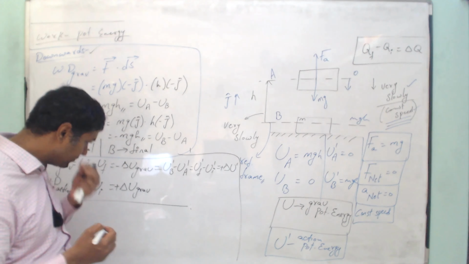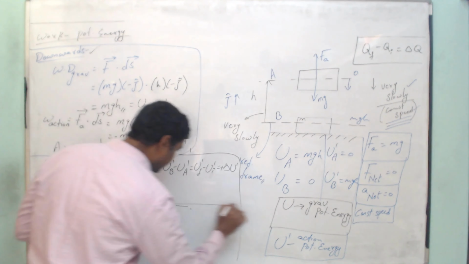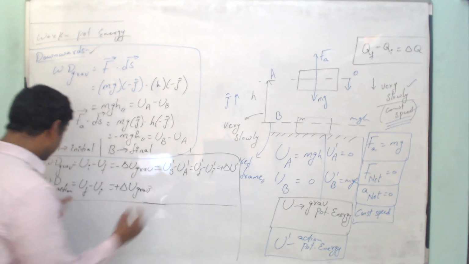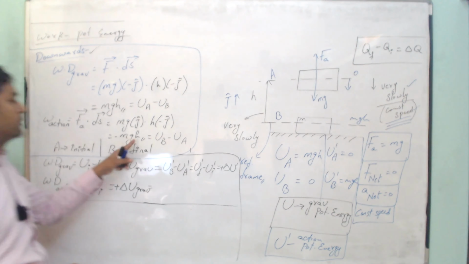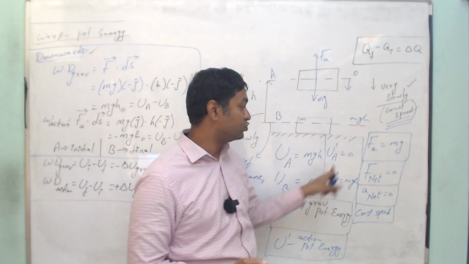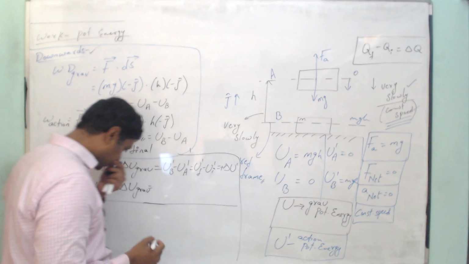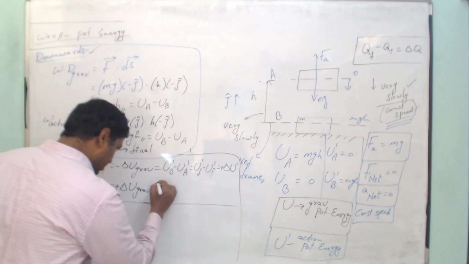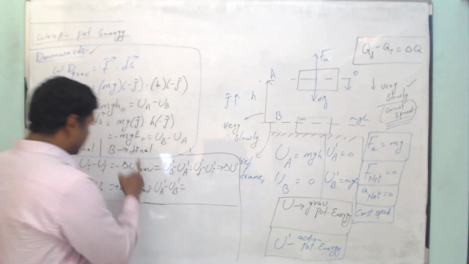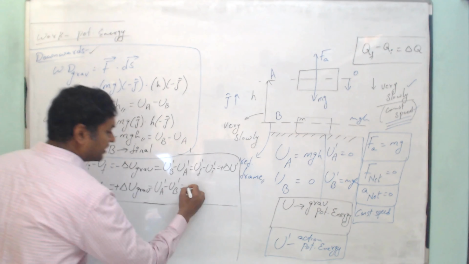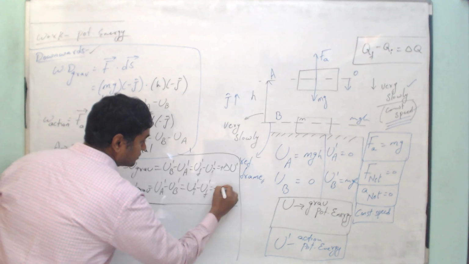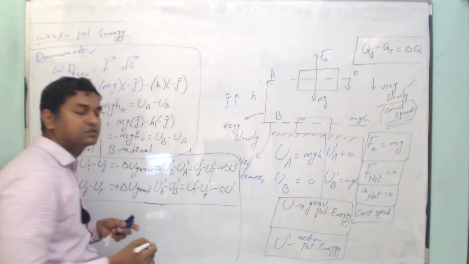Let us finish this part of the story first. Here I want to get the work done by the action force, which is minus mgh. To get minus, I have to write it as UA dash minus UB dash, correct? So I will write UA dash minus UB dash, but A is initial, B is final. So initial dash minus final dash, which is minus delta U dash.